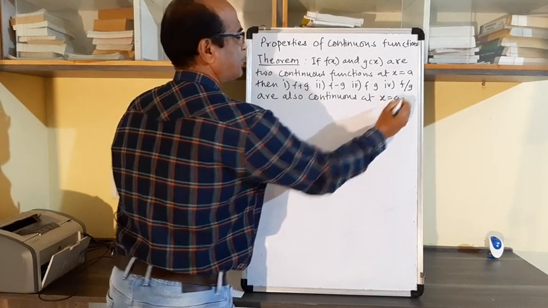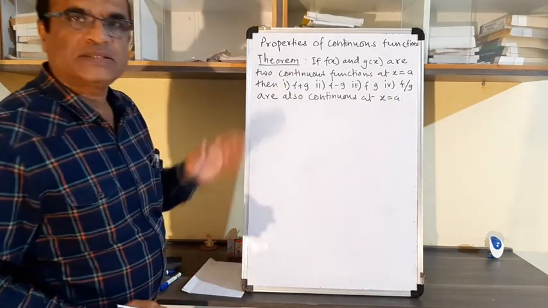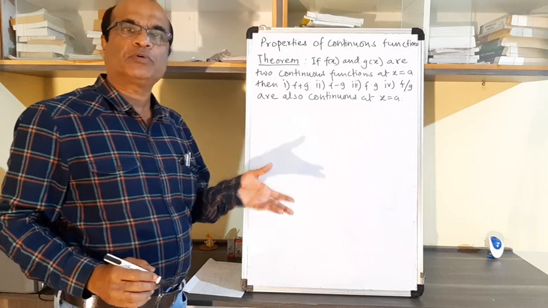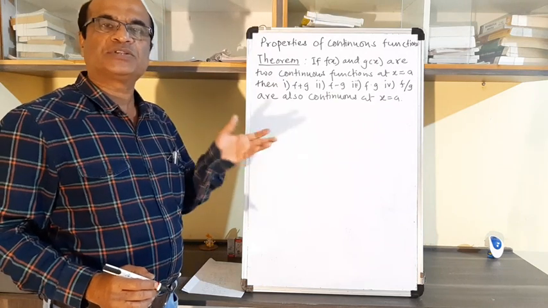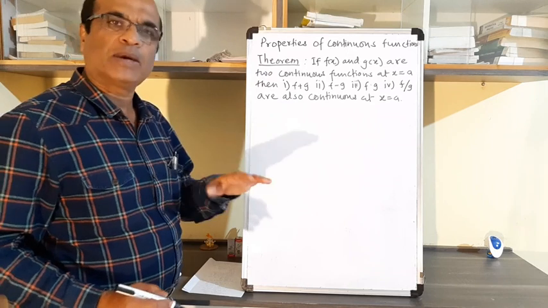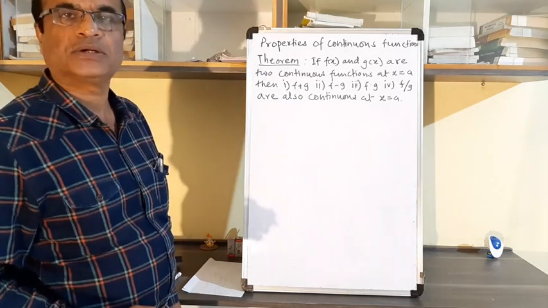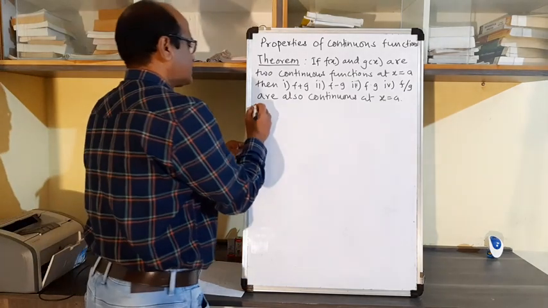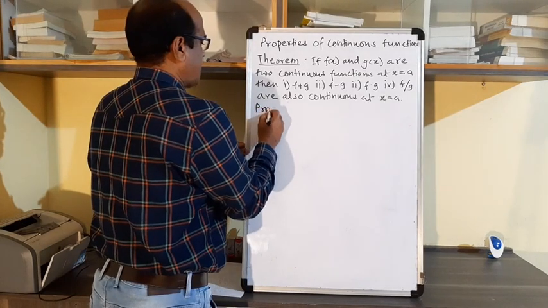Very simple theorem here. If f(x) and g(x) are continuous functions at x is equal to a, then prove that f plus g, f minus g, f into g and f divided by g are continuous functions at x is equal to a. We prove that theorem here.